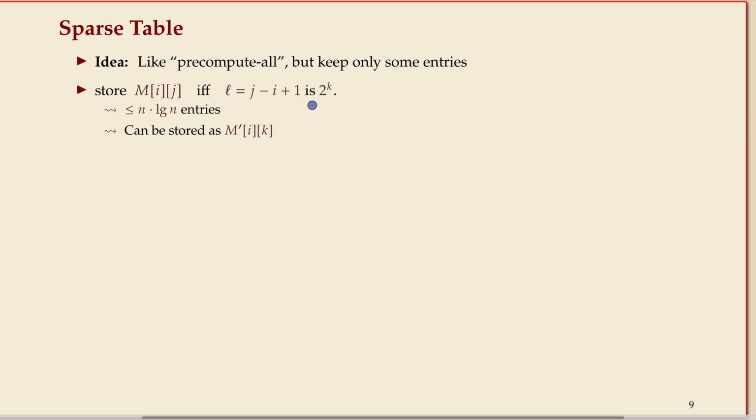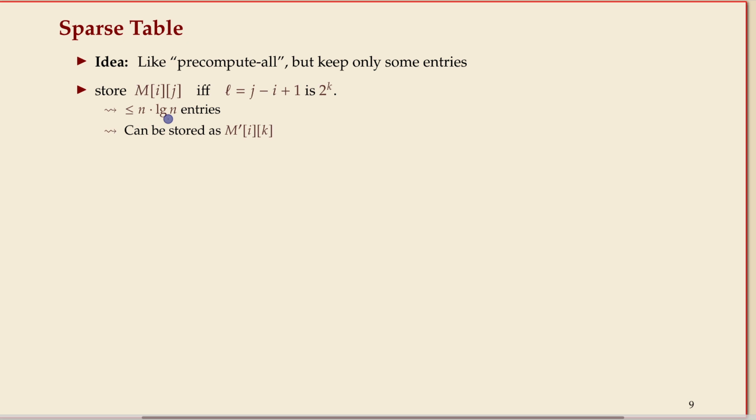Okay. First of all, immediately from that, we can bound the number of entries in that table, because the overall length of the range is never more than n, so there's never more than log n powers of 2 below n. And so we have for each starting point at most log n entries, which is much smaller than n squared.